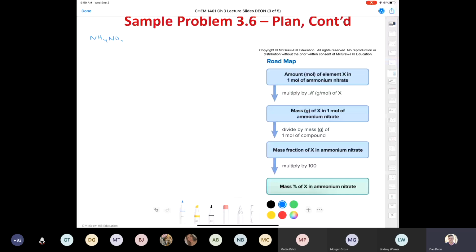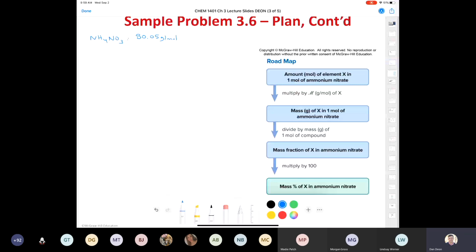For ammonium nitrate, I look up on my periodic table the mass of 2 nitrogens, the mass of 4 hydrogens, and the mass of 3 oxygens. When you tally all that up, you get the formula mass of ammonium nitrate, which is 80.05 grams per mole. Okay, so I've got that. That's where I'm starting, and it's asking to figure out the mass percentage of each element.